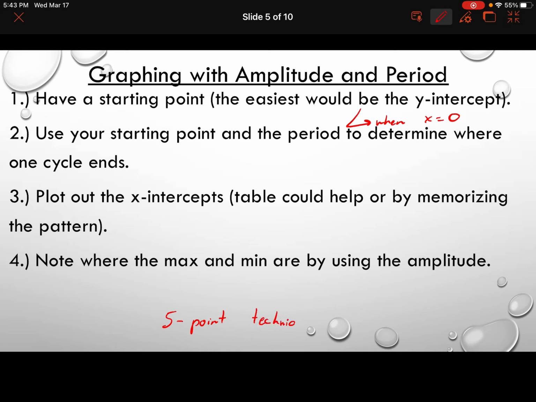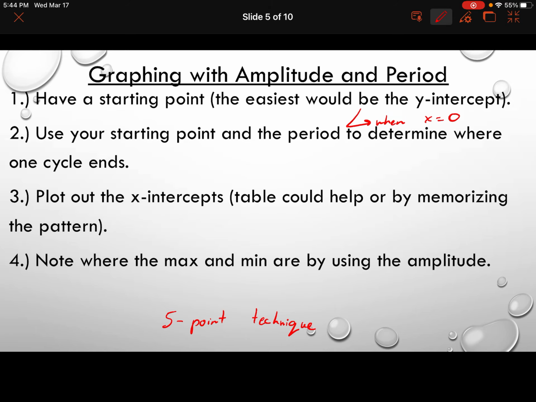As you'll see, as we graph these functions, we're going to identify 5 points, and those 5 points are going to represent one period, or one cycle, of the graph. From there, whether we want to go to the left or to the right, we just repeat the same points because the graph keeps repeating after that one period.